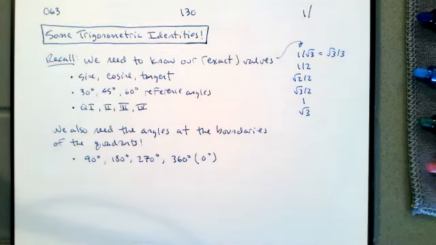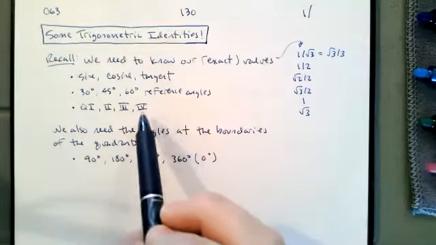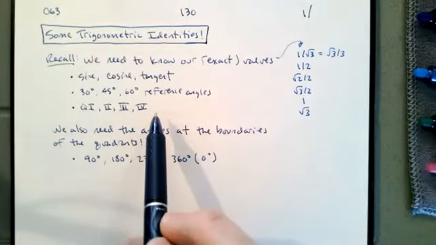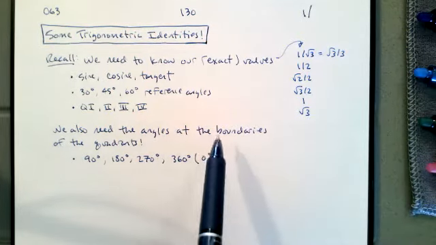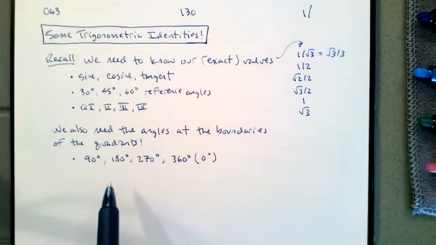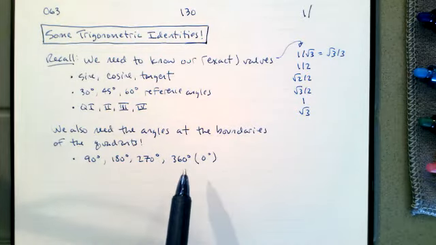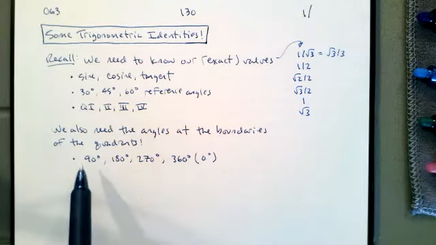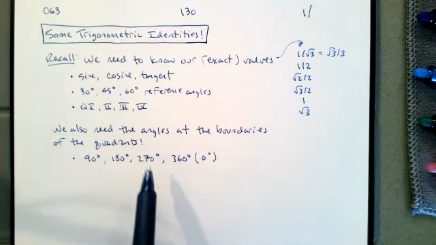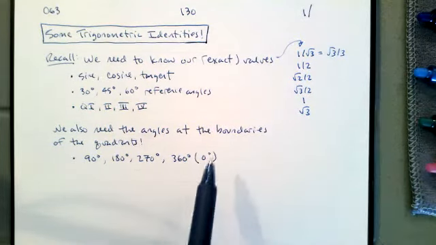We just need to pair all these up with some pluses and minuses based on our quadrants. And then the last thing that we need to add is what's going on with sine, cosine, and tangent at the boundaries of the quadrants. So 0 degrees, 90 degrees, 180, 270, and 360, which is back to 0 again.